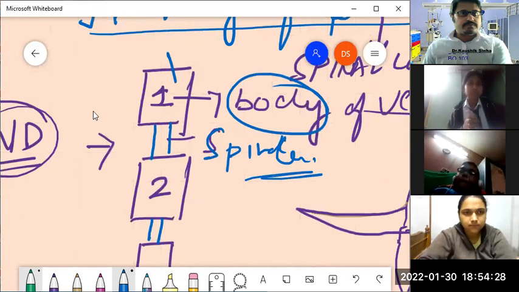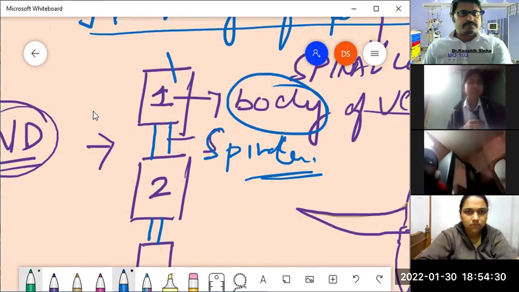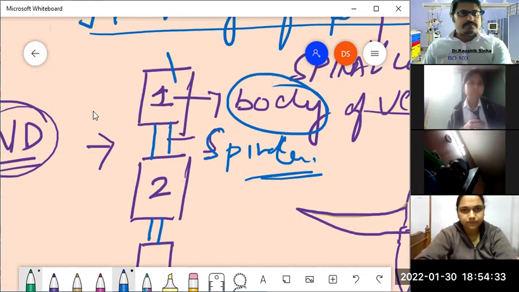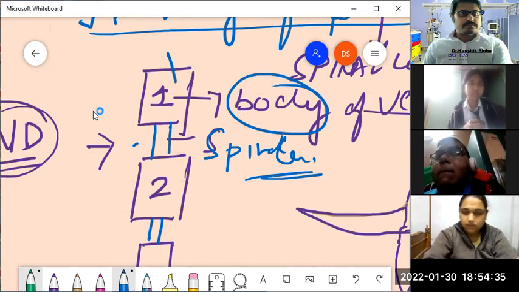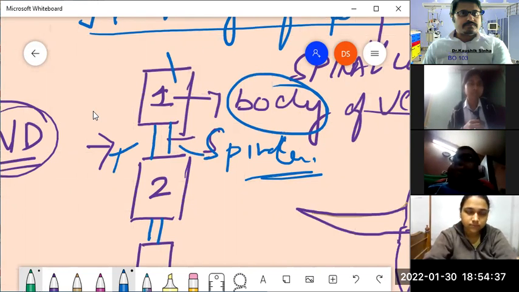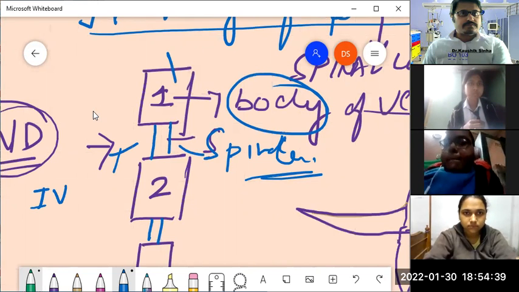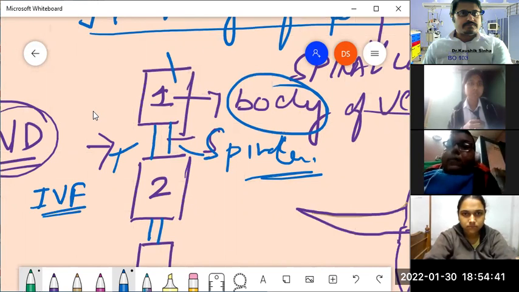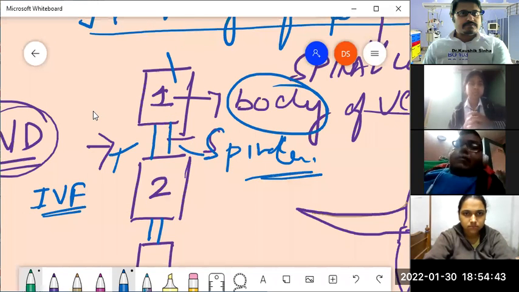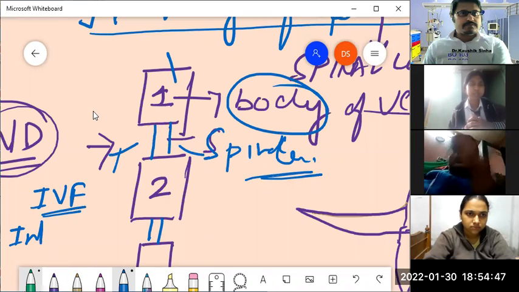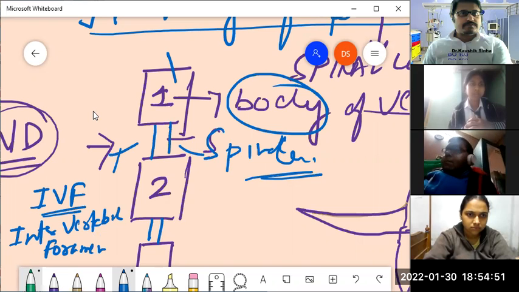Now, in between these two vertebrae, the spaces on the sides are known as IVF. No, IVF doesn't stand for in vitro fertilization. Here it stands for intervertebral foramen.